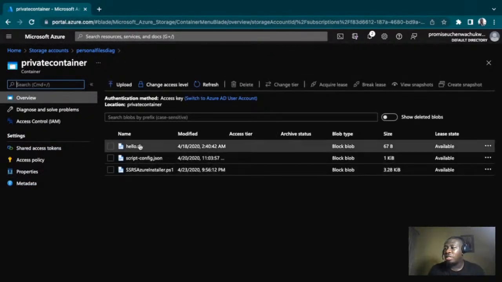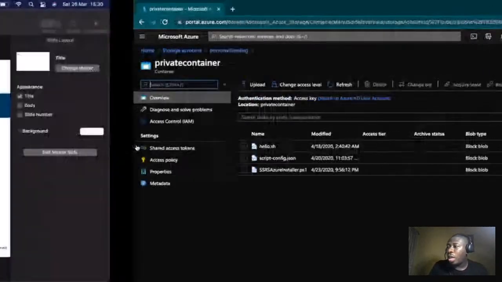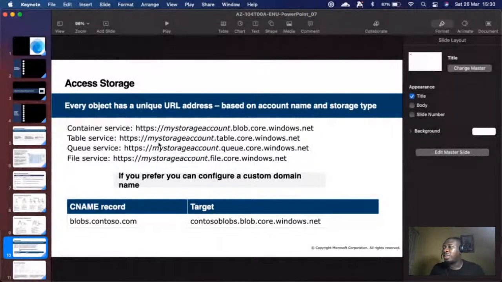Yeah, so this is what I have here, right? Now, if you remember clearly, what we were talking of was how do you access these services, right? Is it possible to access these services over the web? And you can see that you have the container services, the table services here, the queue services, and the file service. But take, for instance, that we have a file in our container.